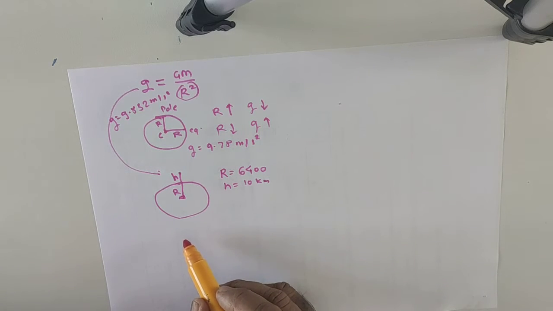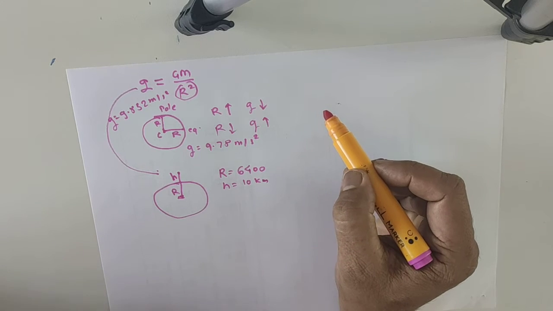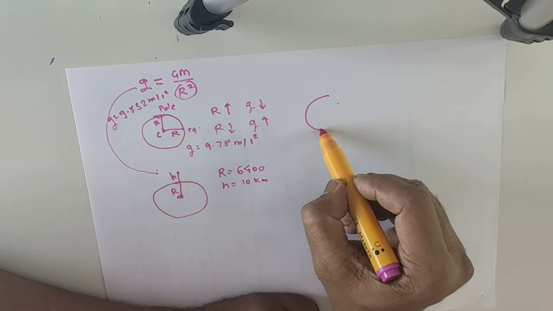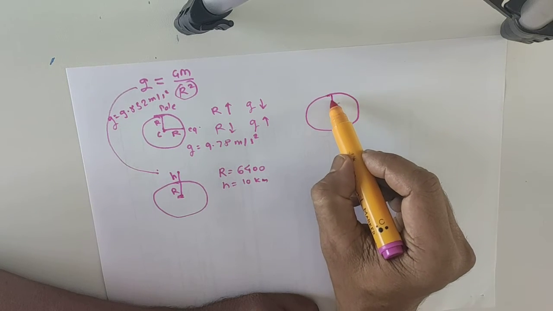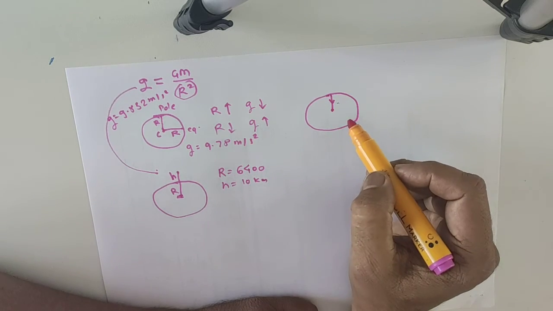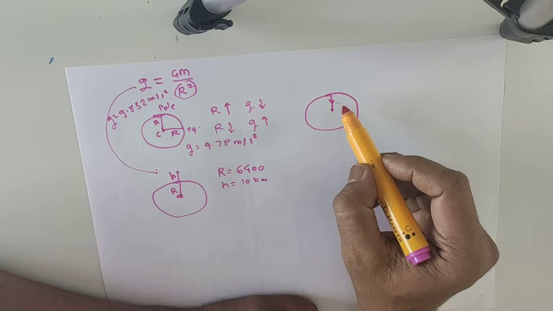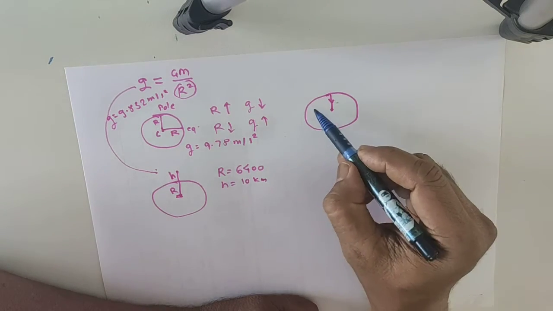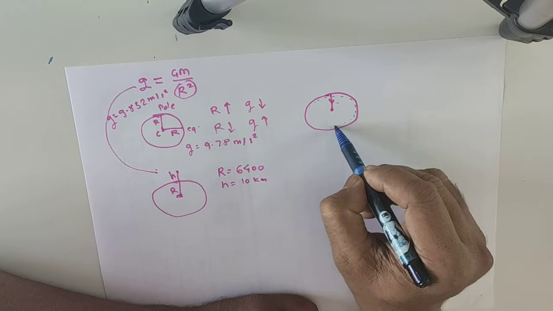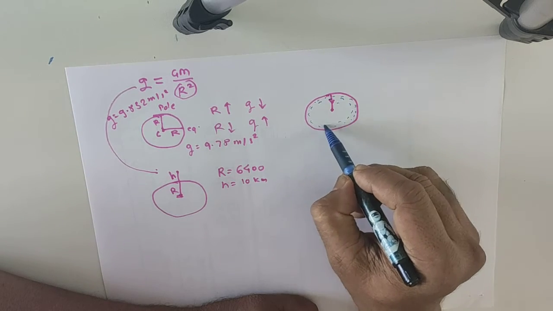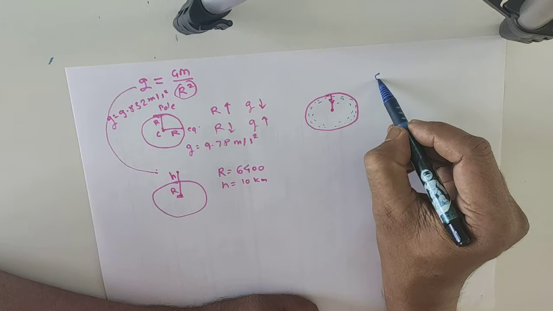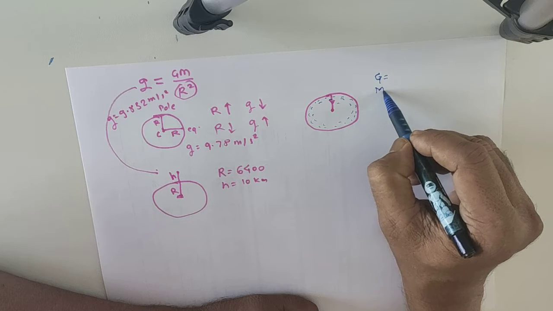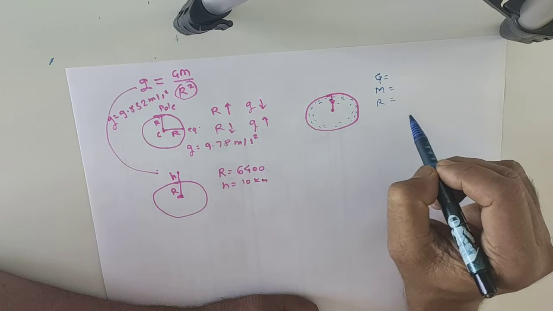Next, what are the values of G as we go into the depth of Earth. Here, the important thing is that in this part, G is a constant, M is the mass of Earth, R is the radius of Earth.